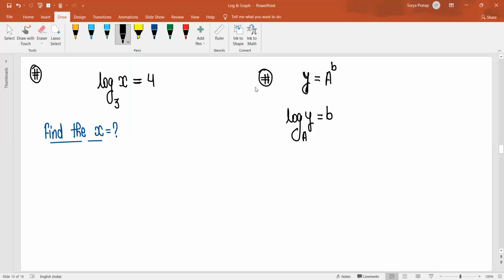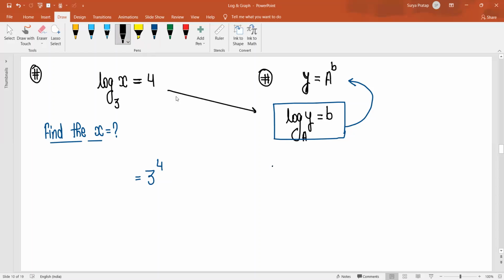The term is given like this, and I want to convert it like this. 3 is the base value, and the power is 4, because comparing the terms, b is 4, y is x, and a is 3.